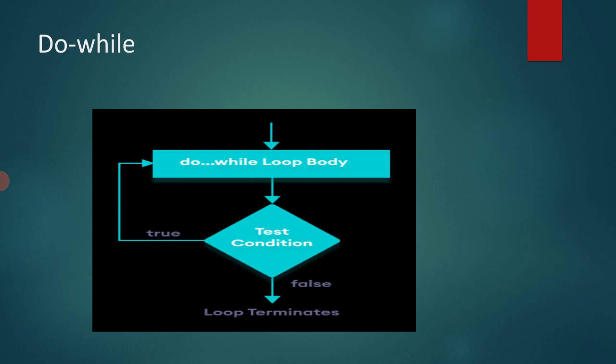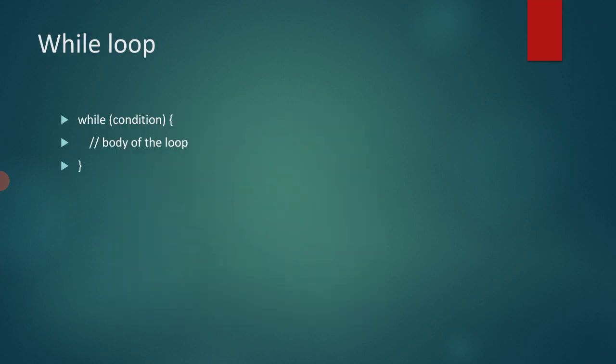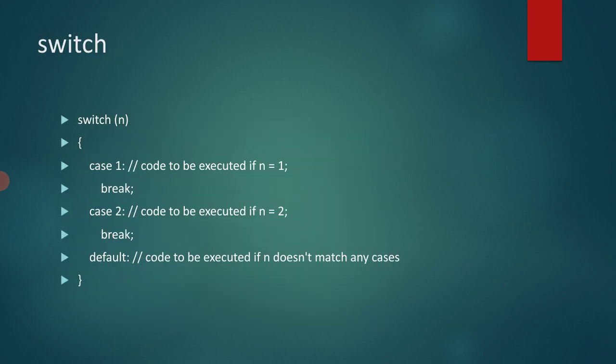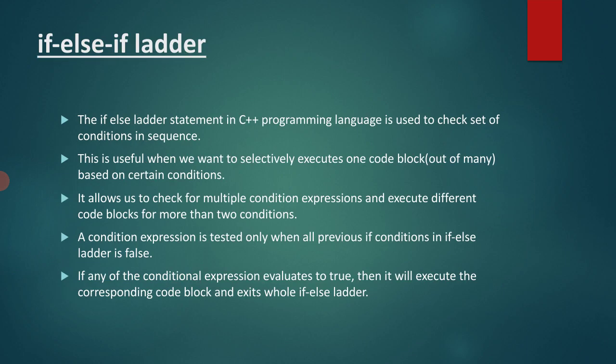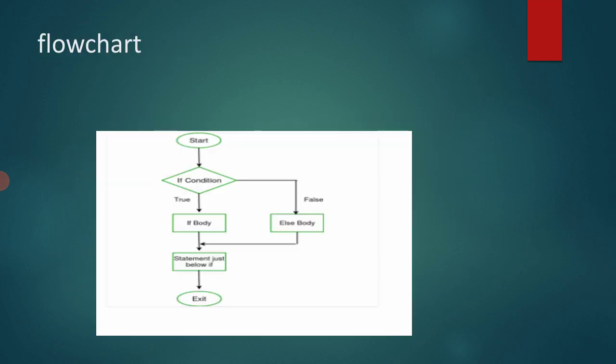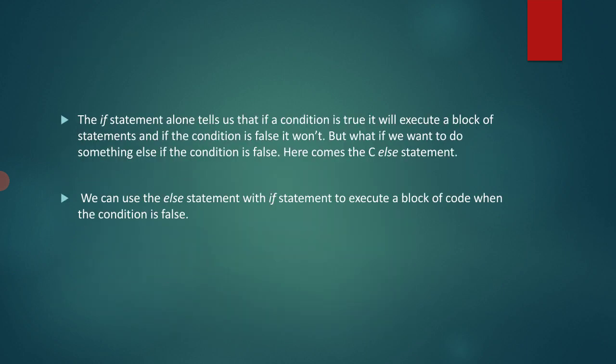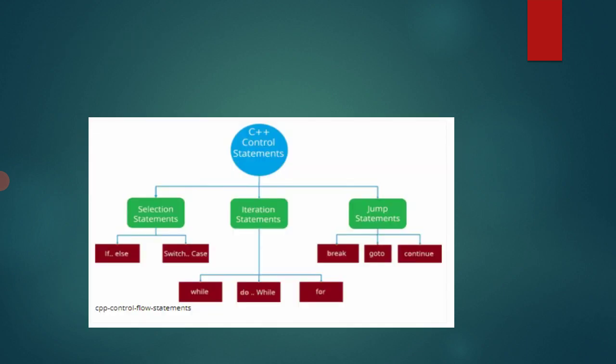As the name is jump, students, sometimes a situation may arise where we have to jump the control from one location to another. For this we have different jump statements. By using these jump statements, we can jump the control from one location to another location easily.